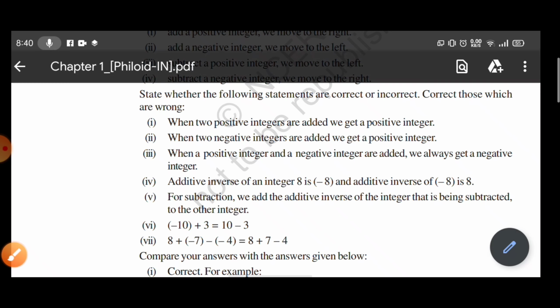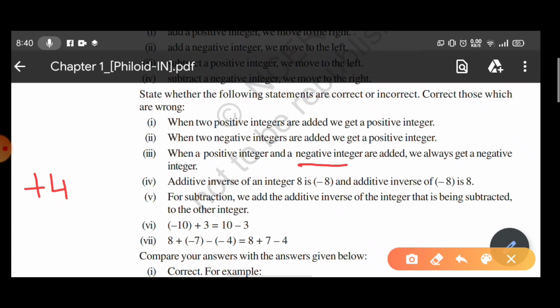Now next, when a positive integer and a negative integer are added, we always get a negative integer. That's again a wrong answer. It is asked to take a positive integer, so for example, I am taking +4. Next it asks for a negative integer, so I take -3.